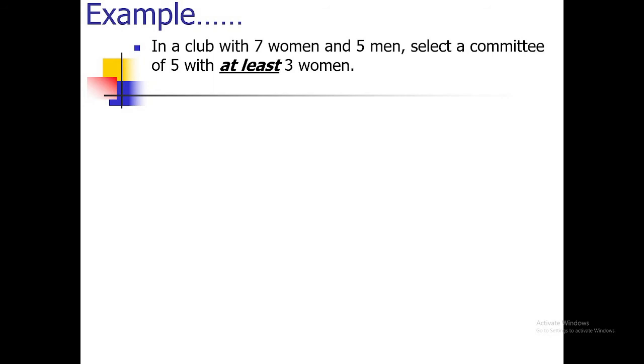Equals 3 or more, sir. It can be at least, the minimum is 3. So it can be 3 or more. So when I say at least 3 women, it means 3 or more women.